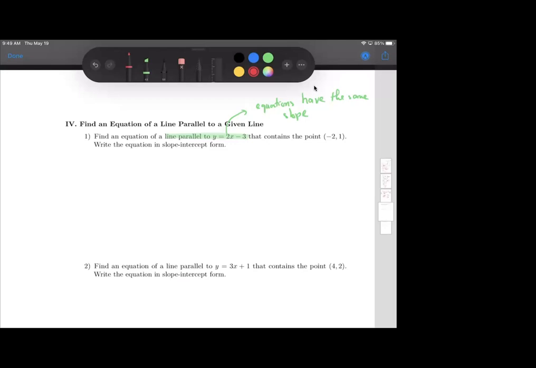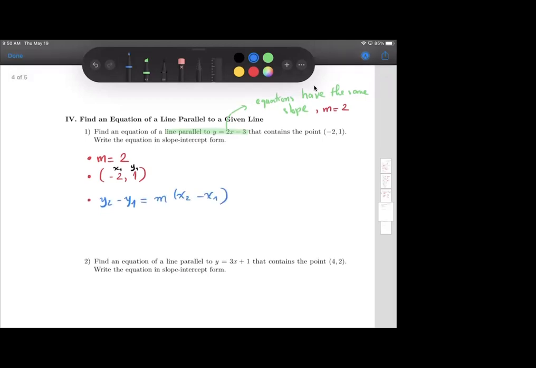So the slope is m equal 2 here. So I know that the equation I'm looking for also has the slope m equal 2. And you have a point, which is -2, 1. Well, you have a slope and a point, so you can plug into the formula y2 minus y1 equal m times x2 minus x1.